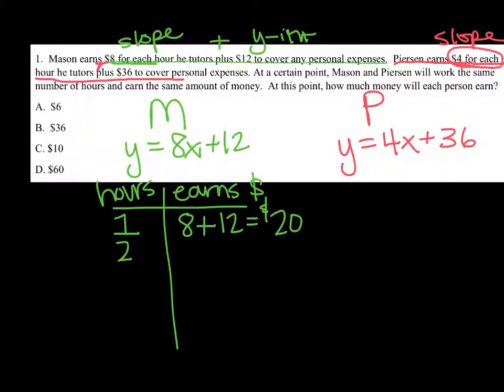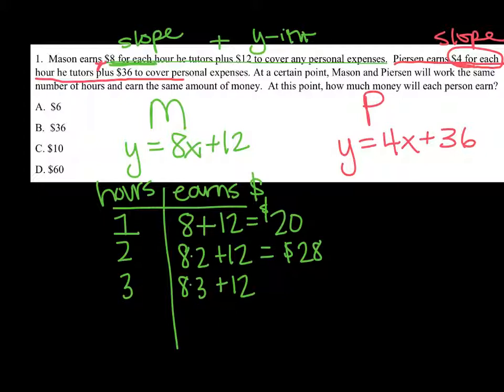If he works 2 hours, $8 for each hour, so that's 8 times 2, plus his $12, so 16 plus 12 would be $28. If he works 3 hours, that's the same thing as 8 times 3 plus 12, which would be 24 plus 12, or 36.